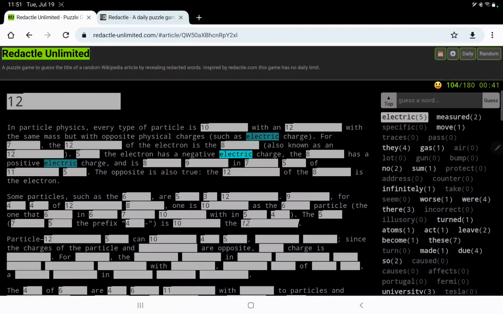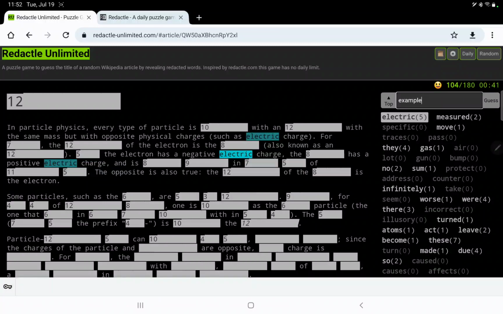So in particle physics, every type of particle is paired with an something with the same mass, but with opposite something. So I'm thinking it's paired with, but some fancy word for paired, with an opposite. Well, we have the word opposite already, but with a twin with the same mass but with opposite physical charges.